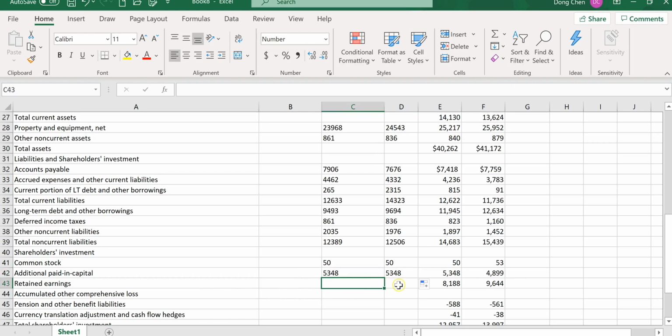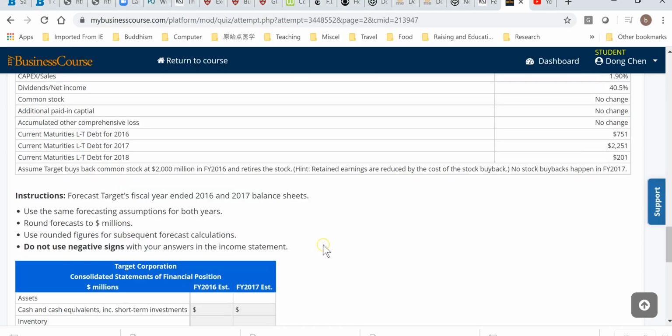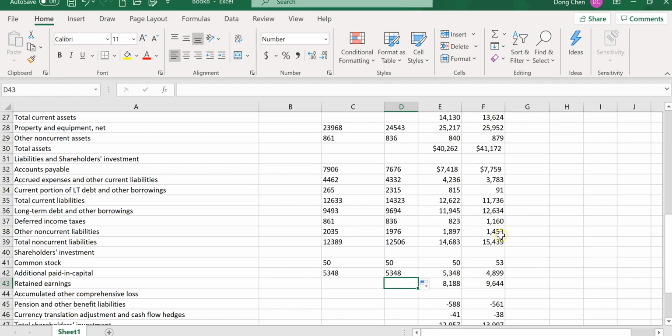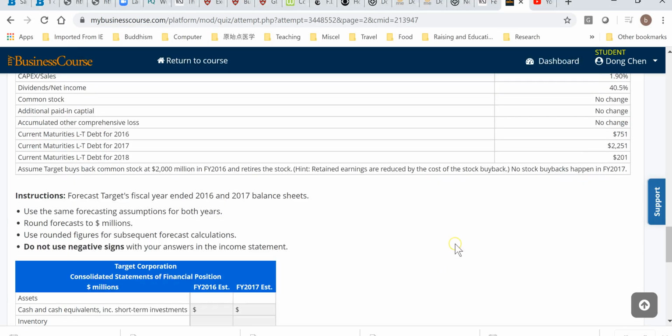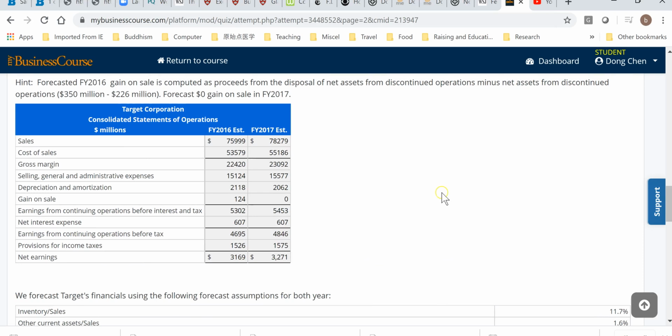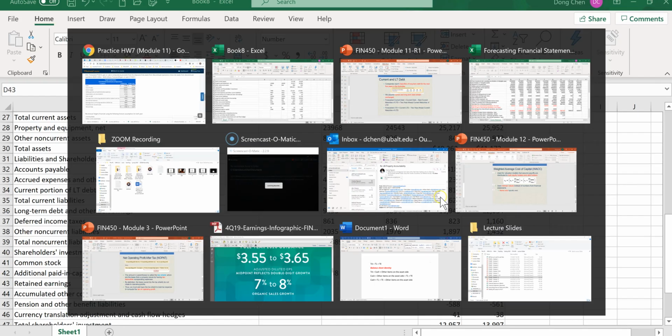And retained earnings. This part will change because the setup says that retained earnings are reduced by the cost of stock buyback, right? And before we deduct the cost of the stock buyback or the treasury stock, we also need to know that the retained earnings will increase by the amount of addition to retained earnings, right?